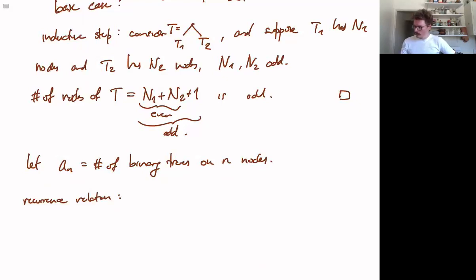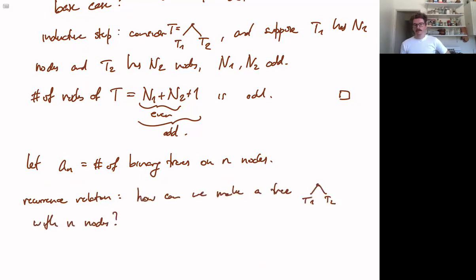So how can we make a tree that looks like this with n nodes? To get this recurrence relation, we are going to use the fact that we can break up any binary tree into smaller binary trees like this.